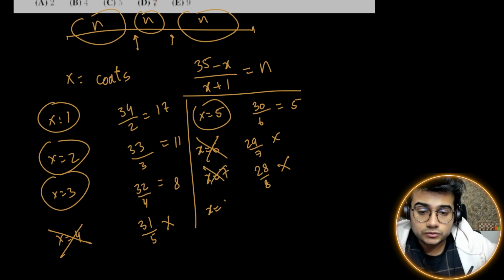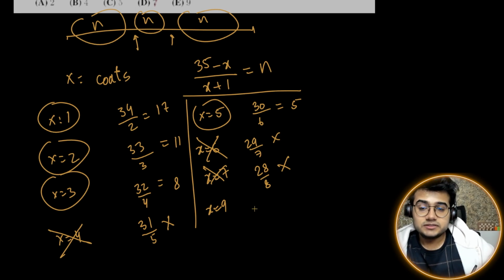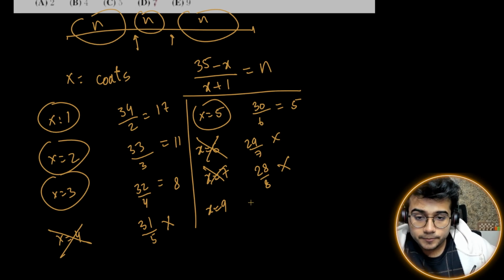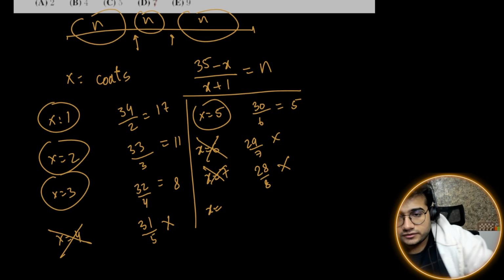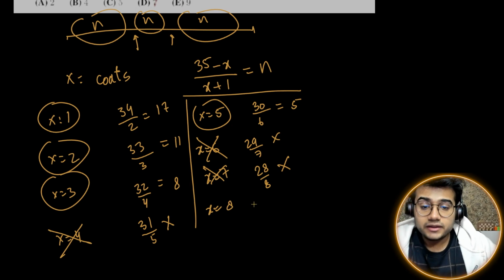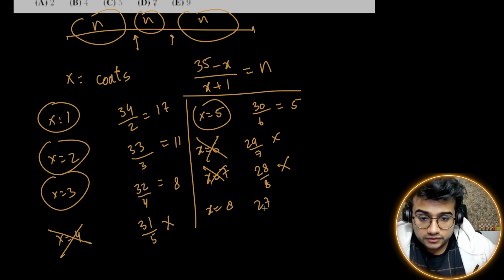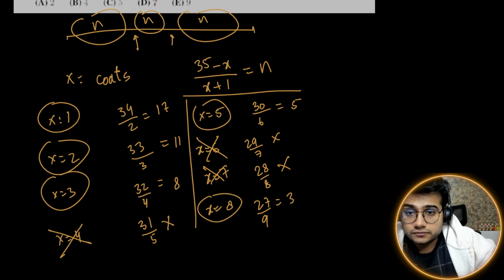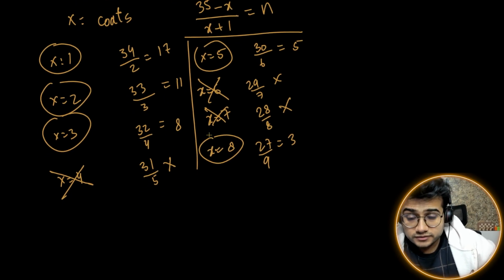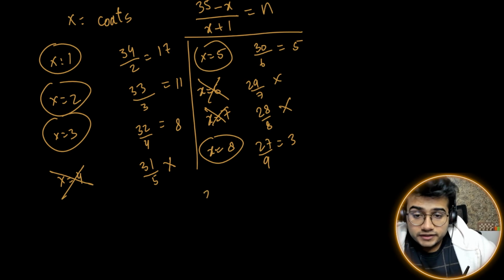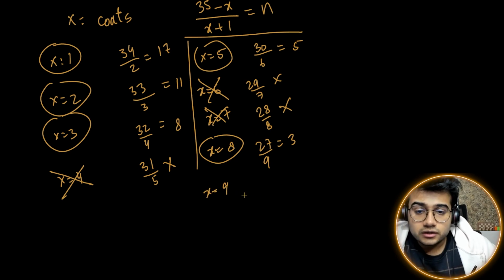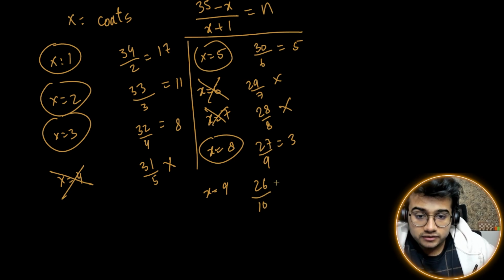Let's try X equals 8 first. 35 minus 8 is 27, and 8 plus 1 is 9, so that is a whole number. X equals 8 works. Let's keep going. X equals 9 would be 26 over 10. Again, that's not a whole number, so it does not work.